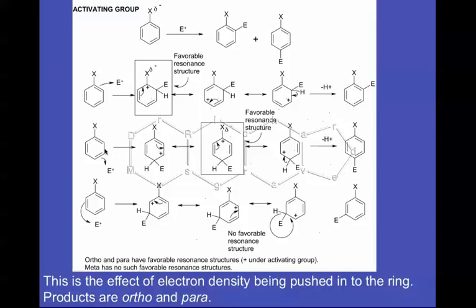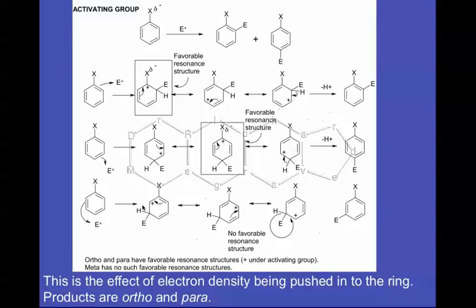Now if we do the same thing with the electrophile being added to the para position, here's what happens. The positive charge can end up here, or it can end up here, or it can end up here. And again, you'll notice we have the possibility of having the positive charge directly under the delta minus. So that again leads to a favorable resonance structure.